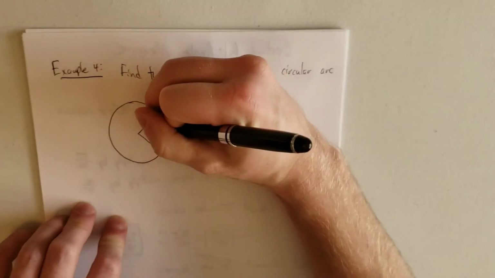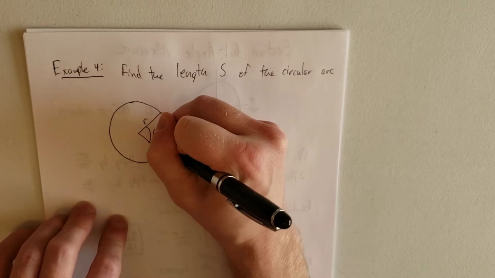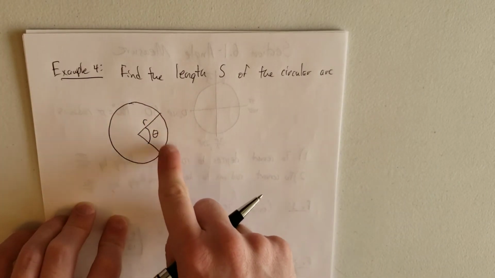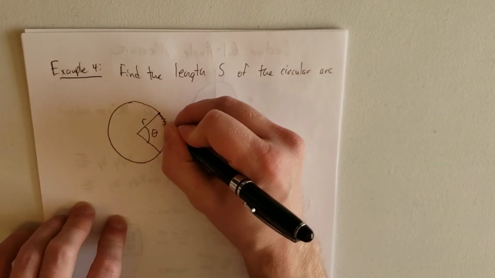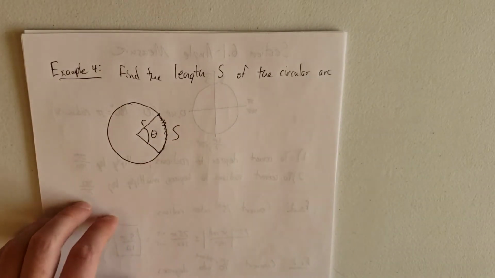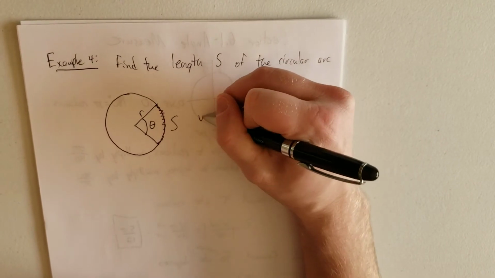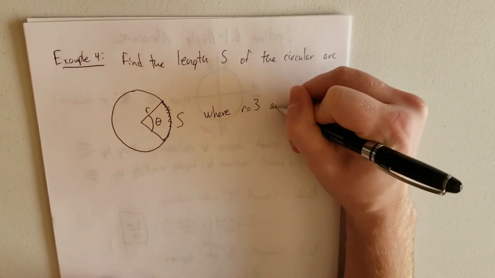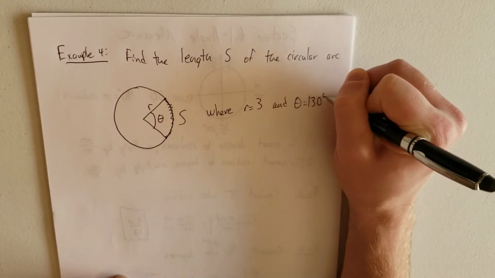In this instance, if we have a radius of a circle and we have an angle measure here, then the length of the arc that we're talking about is this piece right here. So it's that S. And in particular in this question, R is equal to 3 and theta is equal to 130 degrees.